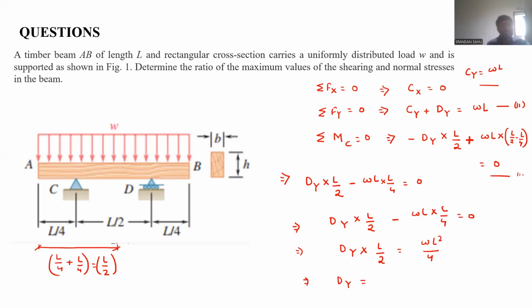Correct? Now, after that, we did all those mathematics and we have found dy to be WL by 2. So, is the doubt clear? Plus and minus has been taken respectively for dy and the load WL. Okay.